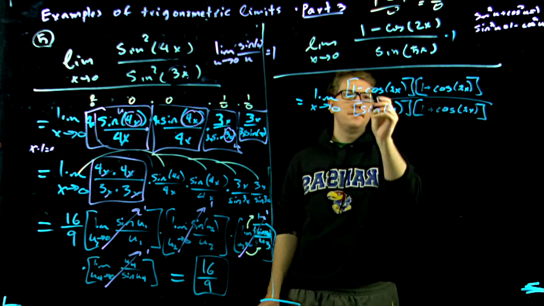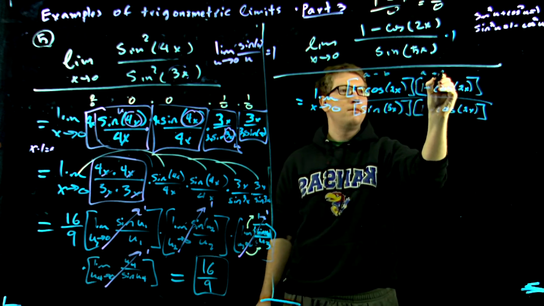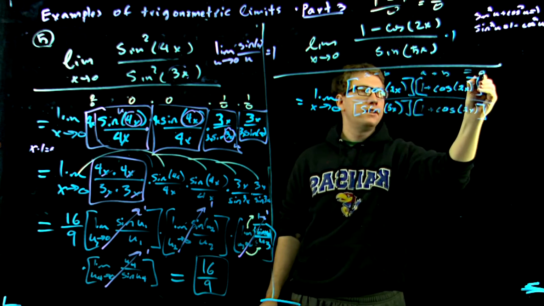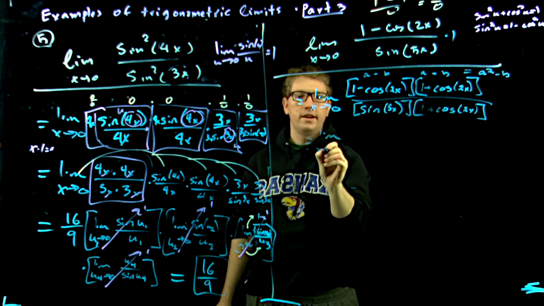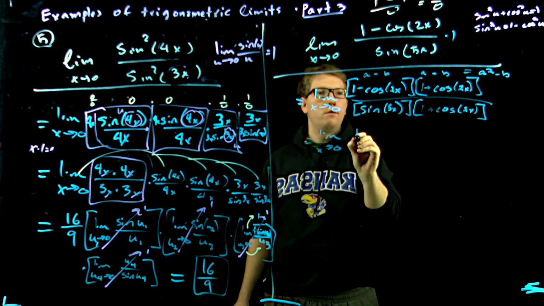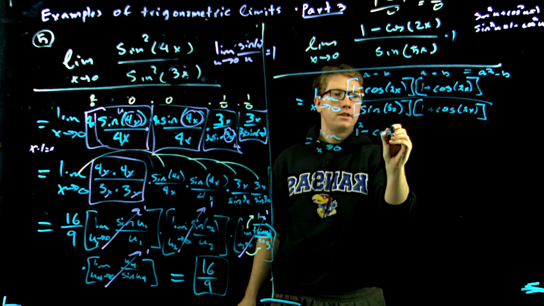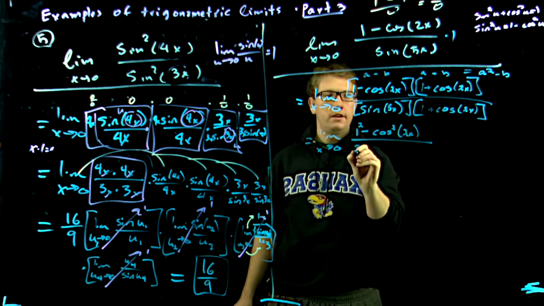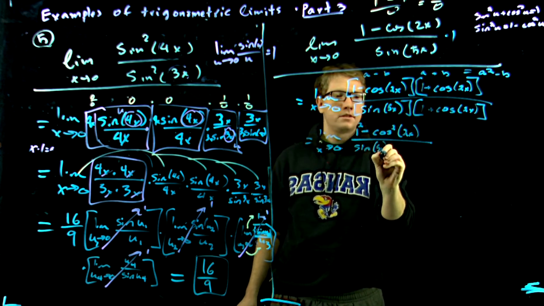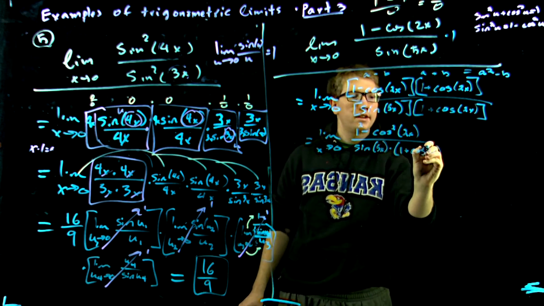Now in this case, since this is something like a minus b times a plus b, I can make this into an a squared minus b squared. So this thing will look like the limit as x goes to 0 of 1 squared minus cosine squared of 2x over sine of 5x times 1 plus cosine of 2x.